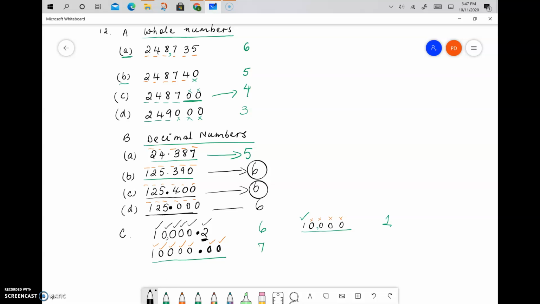Now one last example: 1, 0, 0, 0, 0, 0, 1. Notice that there are a bunch of zeros in the middle, but the last digit in the whole number is non-zero. So every single digit counts: 1, 2, 3, 4, 5, 6, 7. There are 7 significant digits in this number.